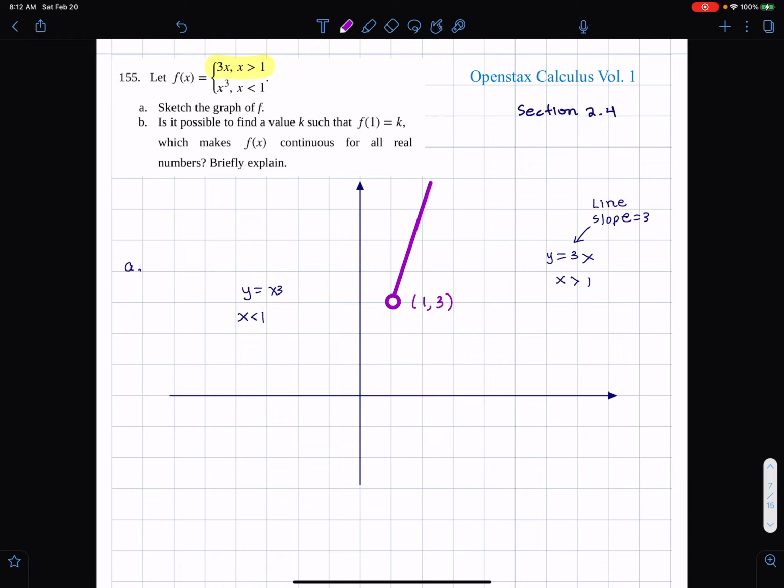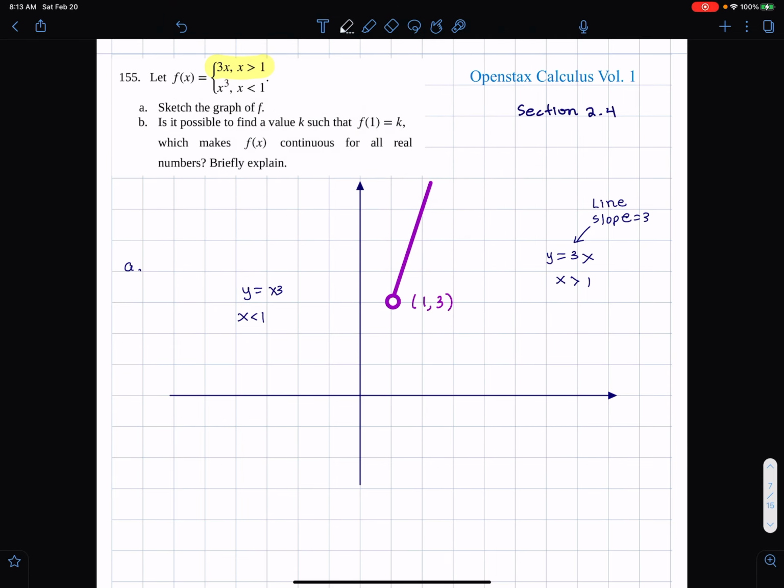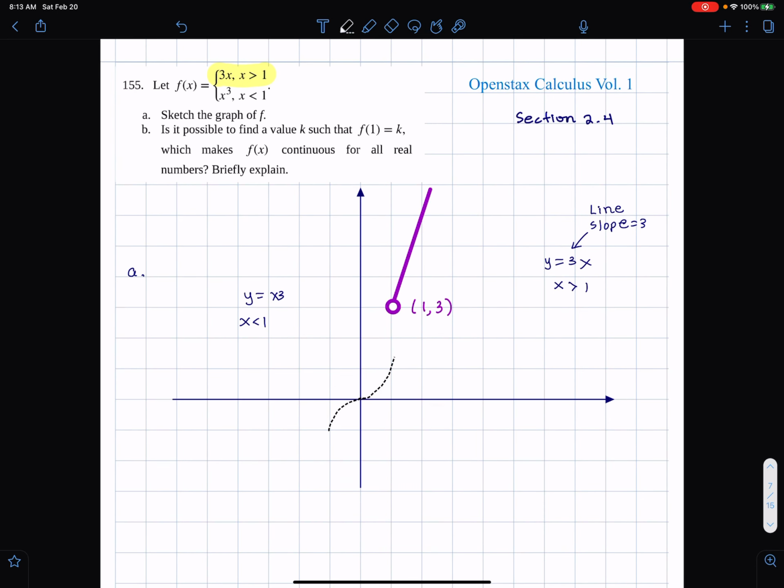And then for y equals x cubed, I can do the same sort of routine where I'll sketch the graph lightly with a dotted line. I feel like maybe we should plot some points, but it goes something like way up here.